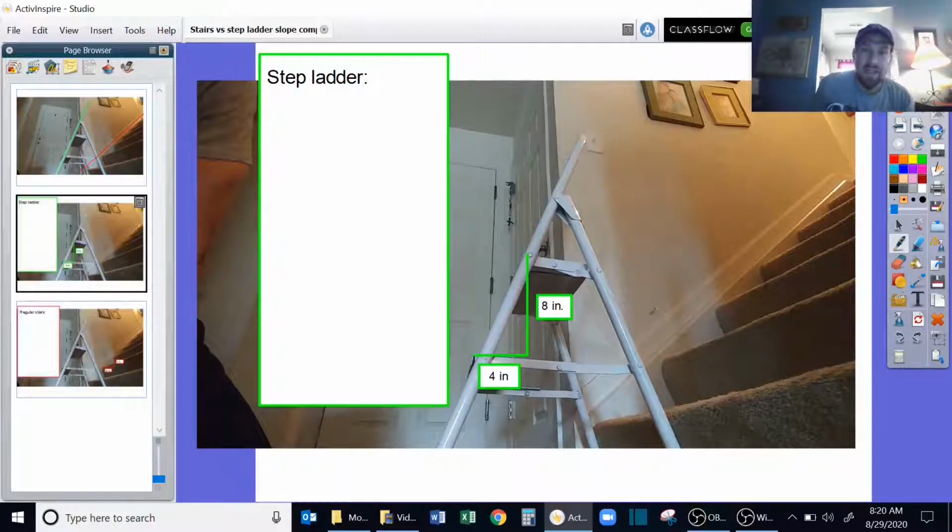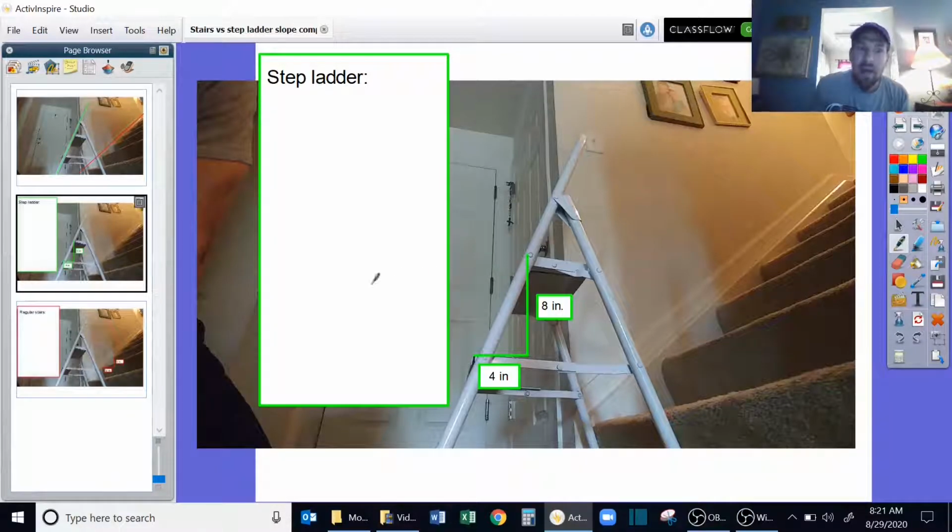If we look at the stepladder, it goes up 8 inches. It rises up 8 inches. It runs forward by 4 inches. So it takes 4 inches running forward to rise up that 8 inches.